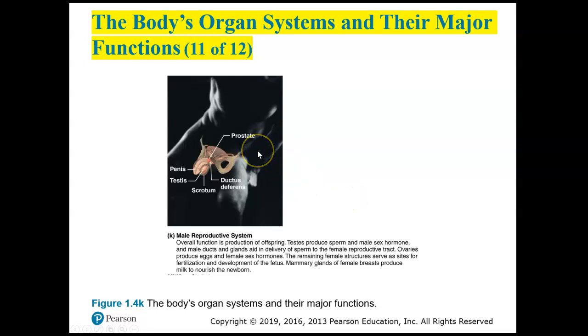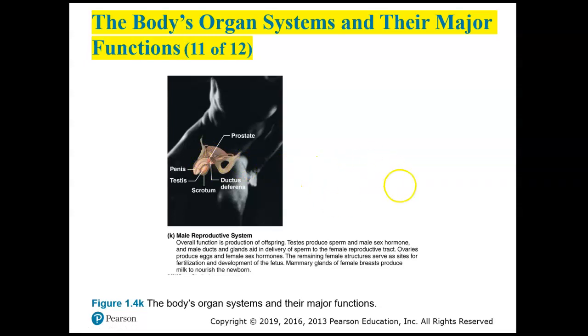So in the male reproductive system, we have the testes that produce testosterone and sperm, and then other structures like the penis, the scrotum, the ductus deferens or vas deferens, the prostate gland. These are part of the male reproductive system.